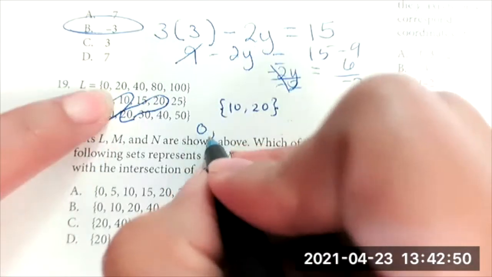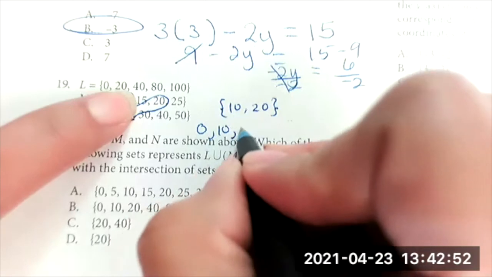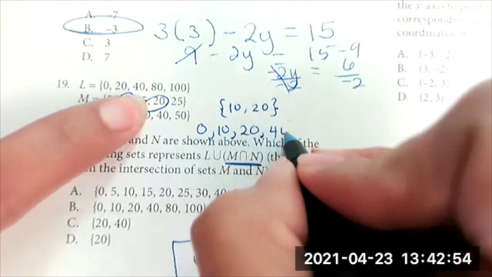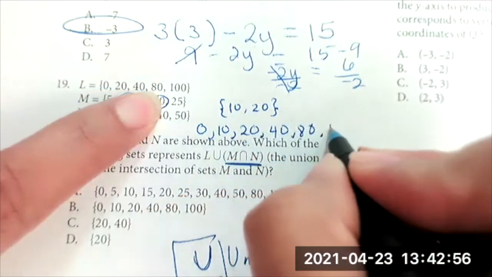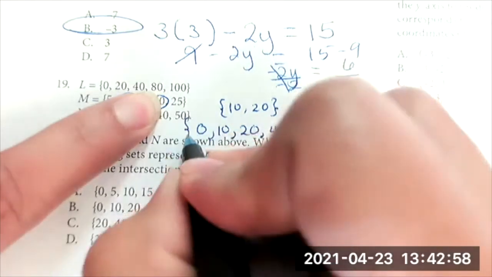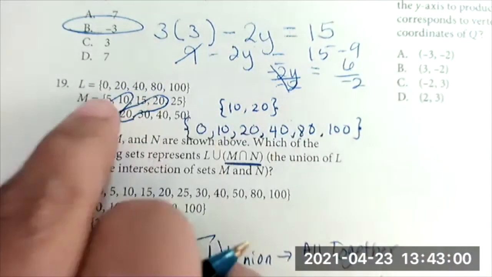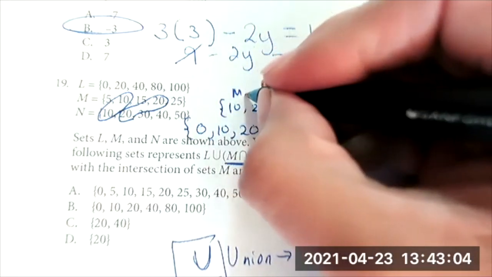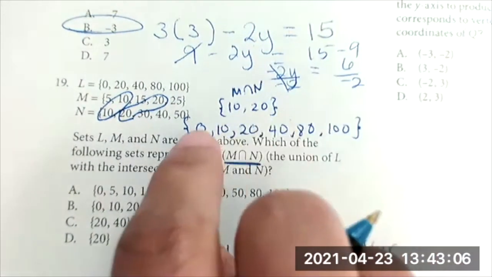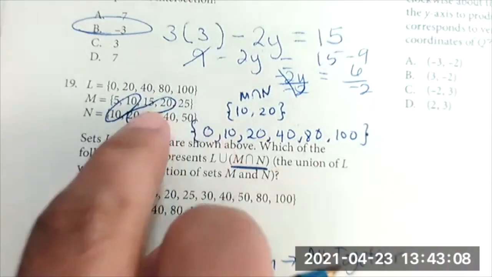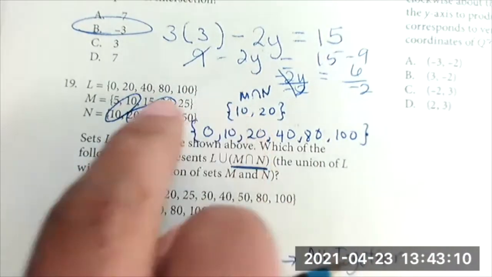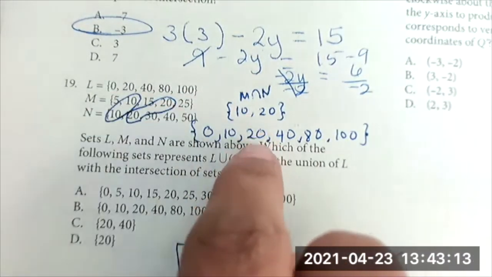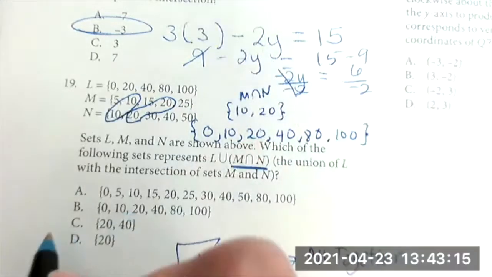That's 0, 10, 20, 40, 80, and 100. And that's it. The union between L and this, M and N, is pretty much all of these plus the 10 that we had over here. We're not going to put 20 twice. So only put it in once. So then your answer is B.